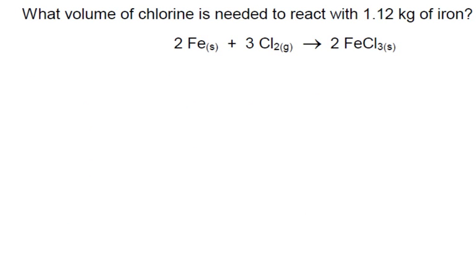What volume of chlorine is needed to react with 1.12 kilograms of iron? Okay, so firstly let's just convert that into grams. So that's 1,120 grams. Okay, now we've got 1,120 grams of iron, and we want to know, well, how many moles have we got?